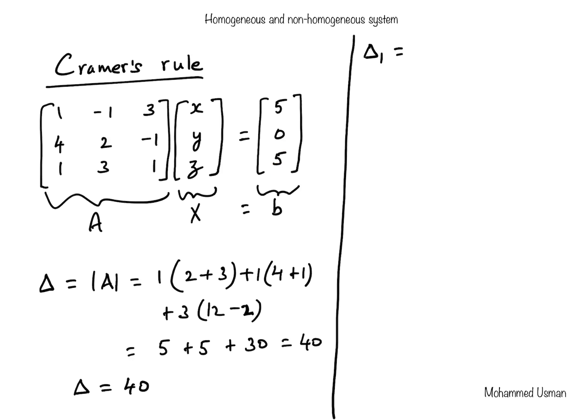So it would be the determinant with the first column replaced by the vector b and all other columns as they are. So it will be minus 1, 2, 3, 3, minus 1, 1. Right? And when we compute this determinant, we'll get it to be equal to 0.